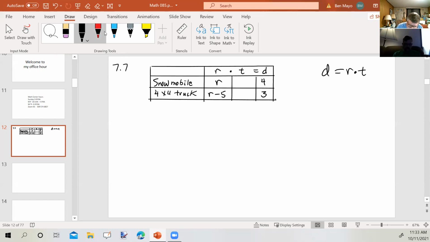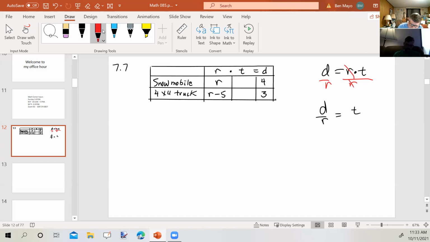Okay, but let's take this formula and let's solve it for t. So to solve it for t, what would we do? We would divide both sides by r. So then we would have d divided by r equals t, right? So t equals d divided by r.